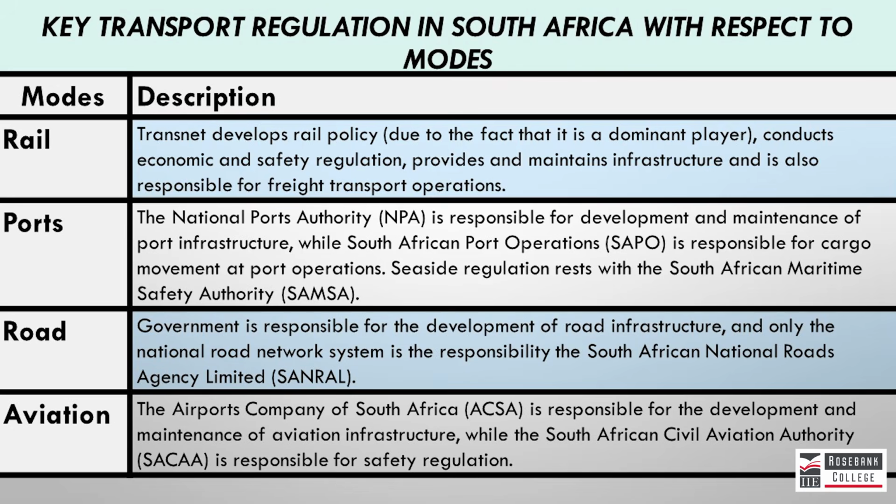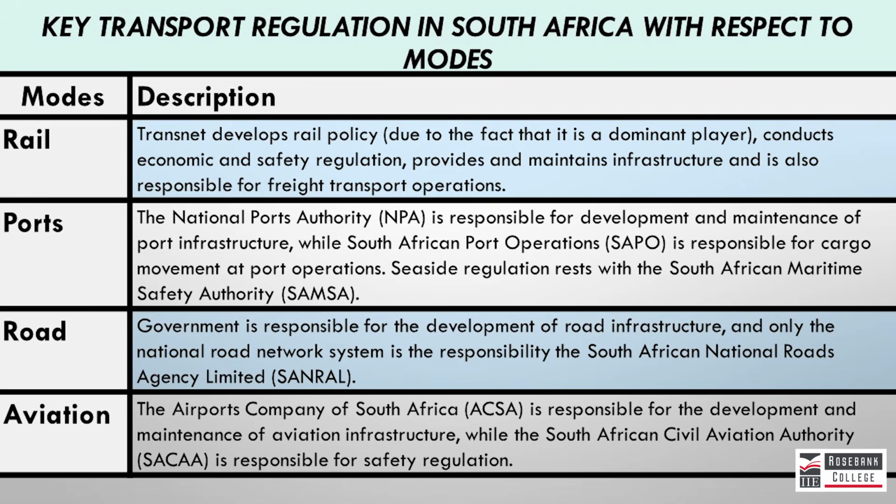The next one is rail. Transnet, being the dominant player in this mode of transport, develops the rail policy. Transnet also provides and maintains infrastructure, conducts economic and safety regulations, as well as the responsibility for freight transport operations.